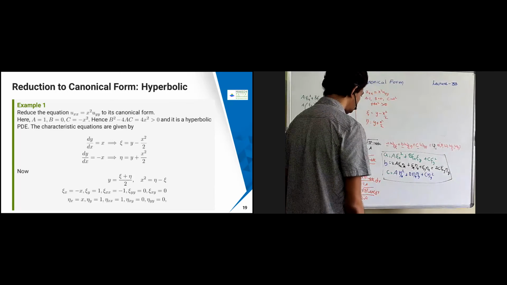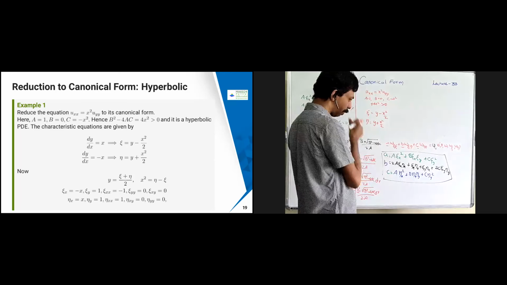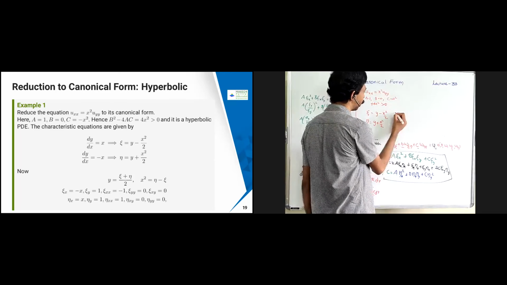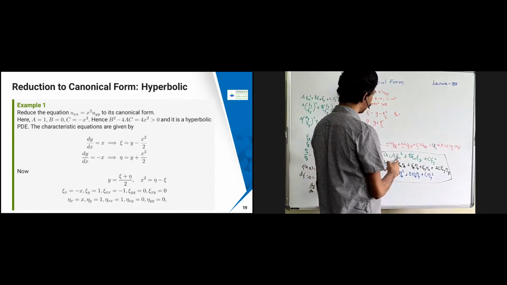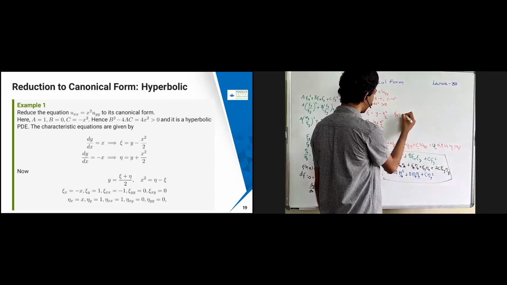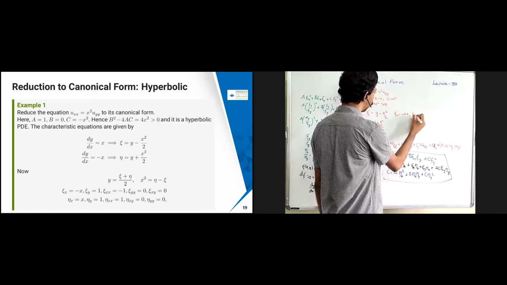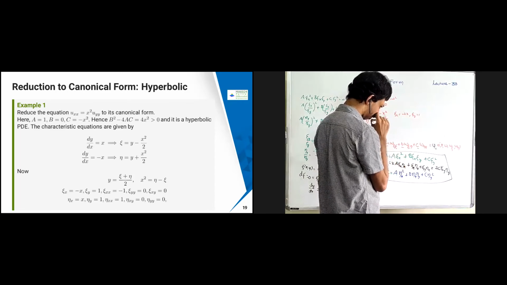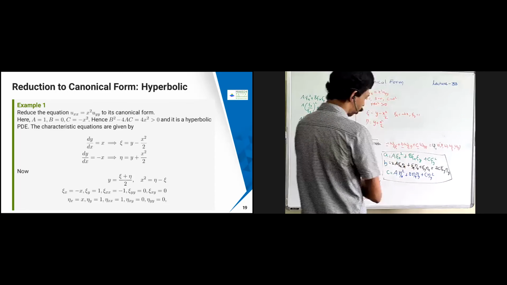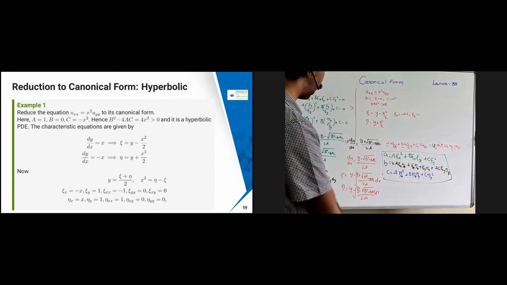Once I need to find this, I need to find what my a, b, c are. For this, I need to find chi_x. Chi_x is going to become minus x, and chi_y is going to become 1.